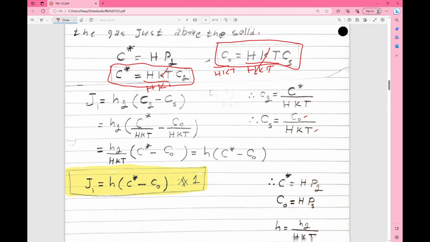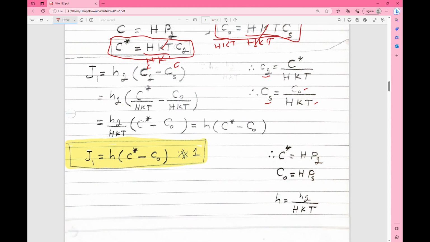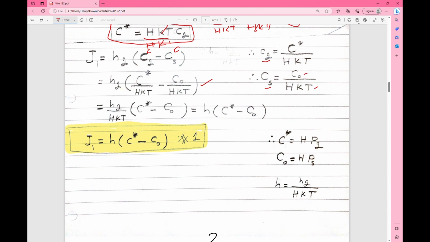Now just take Cj and Cs and put them here, and the equation will be like this. Now take HkT, both of them, outside. We will form it like this.